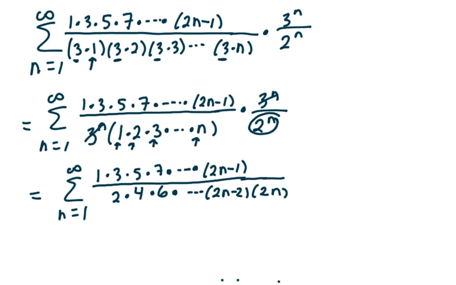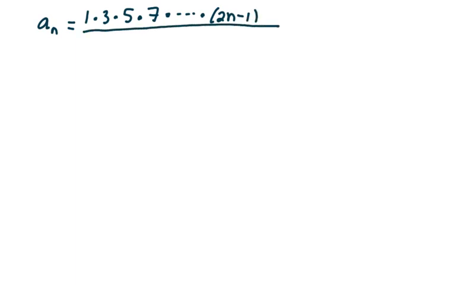Okay, now let's check this out. a sub n is 1 times 3 times 5 times 7 all the way through 2n minus 1, divided by 2 times 4 times 6 all the way through 2n minus 2 times 2n. Look carefully here.